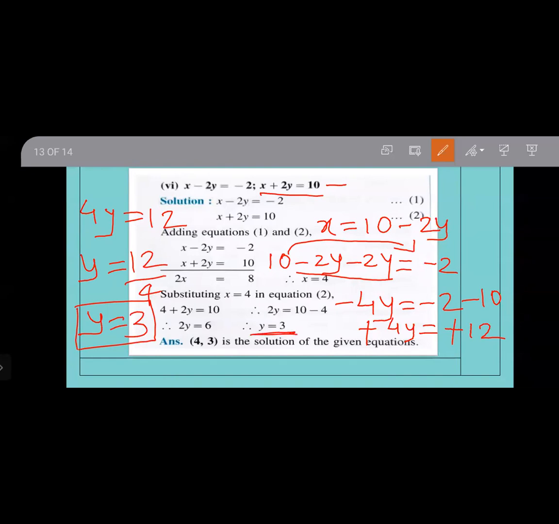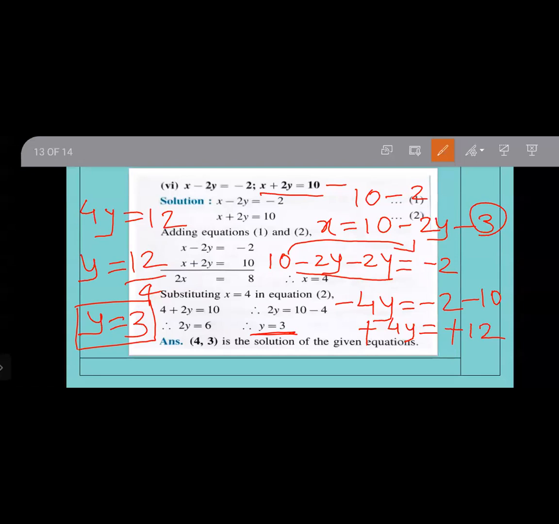Now this value of y you can substitute in either equation 1 or equation 2, and this is the third equation. In equation 3, if I substitute the value for y, it will be 10 − 2 into y. What is the value of y? That is 3.